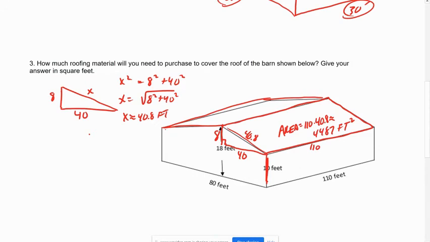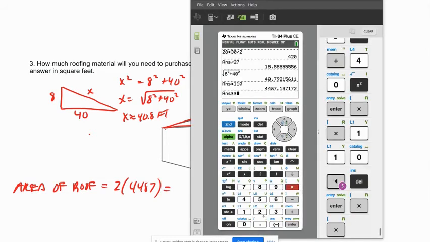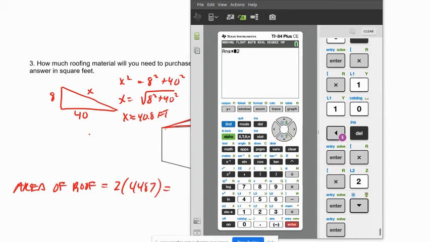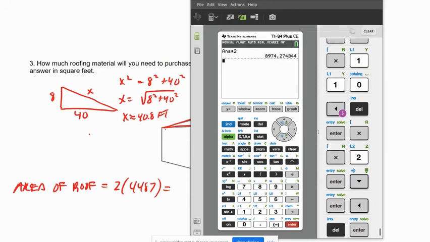Okay, and so then to get the area of the entire roof, that's 2 times 4487, and that is about 8,974.3.